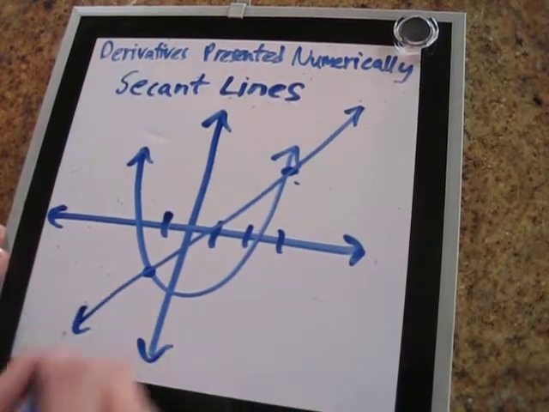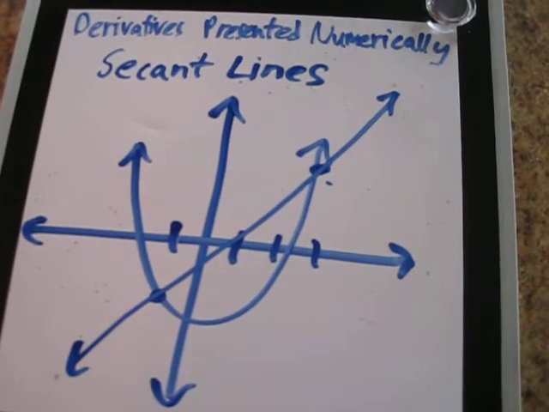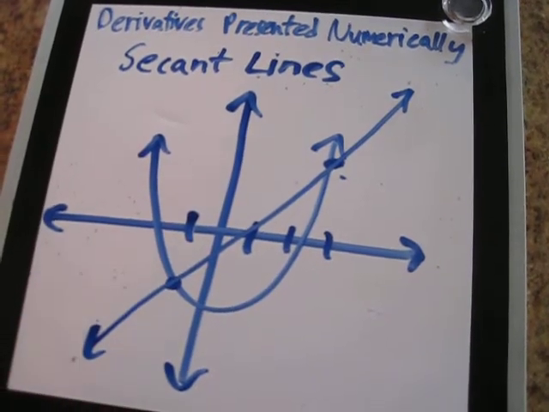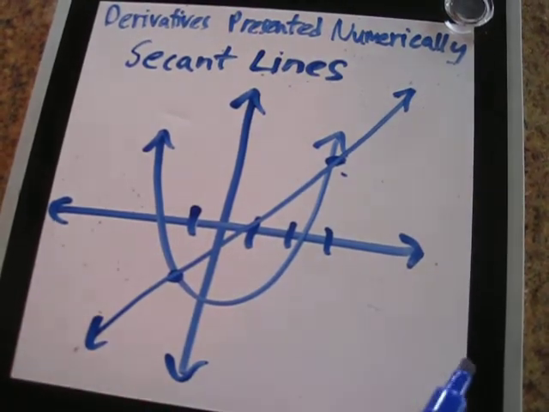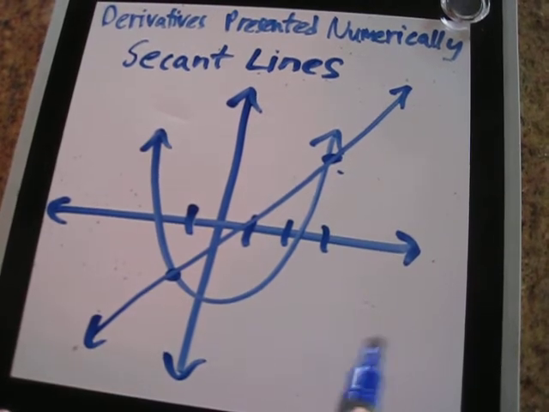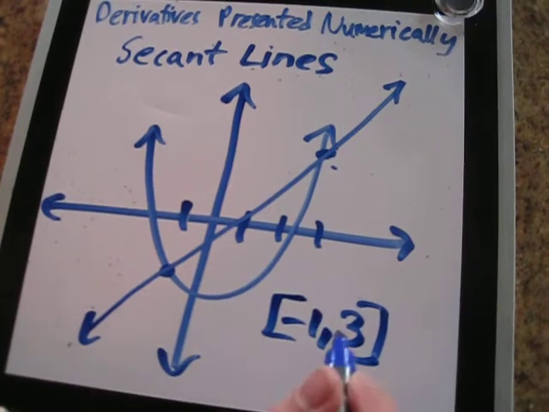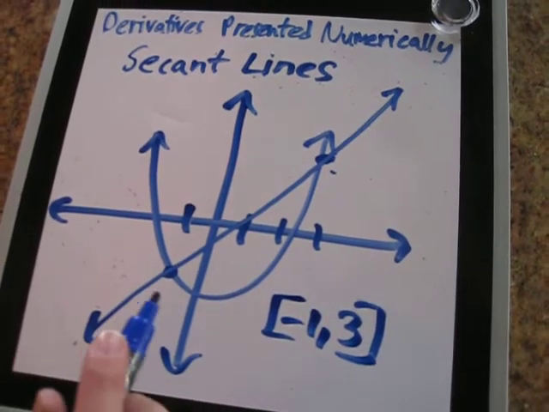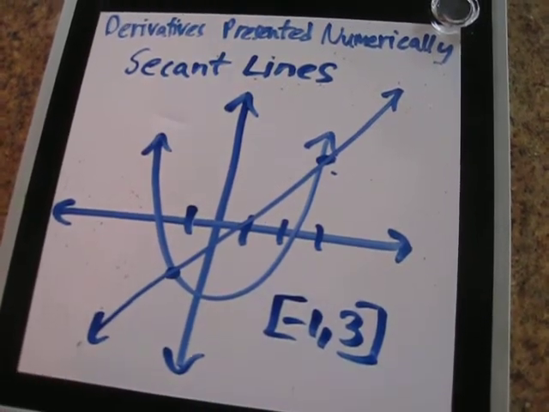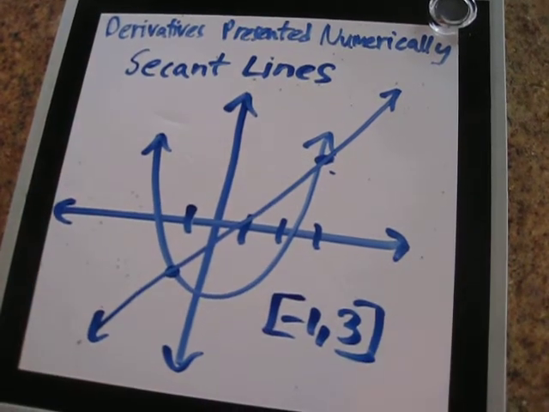And there is your secant line. So this is the secant line of the parabola on the interval -1 to 3.